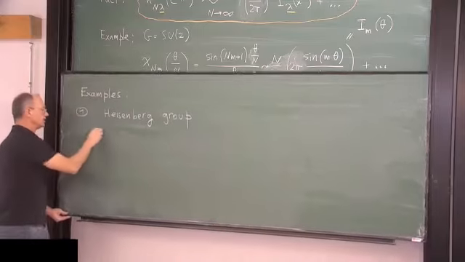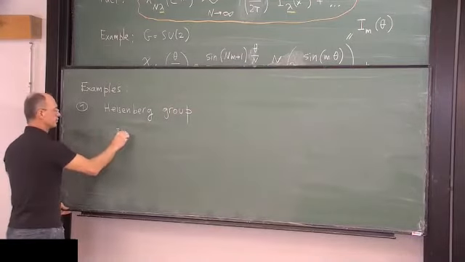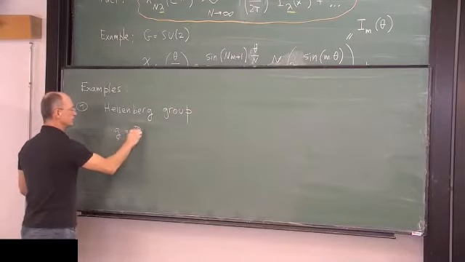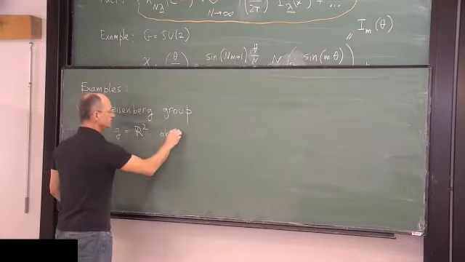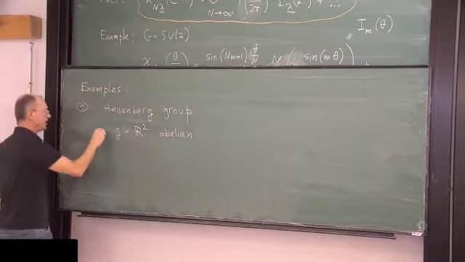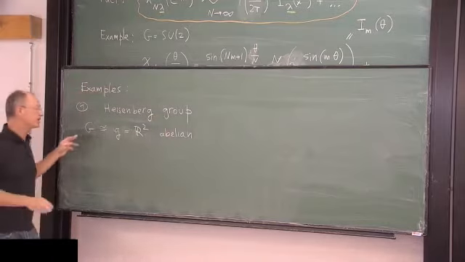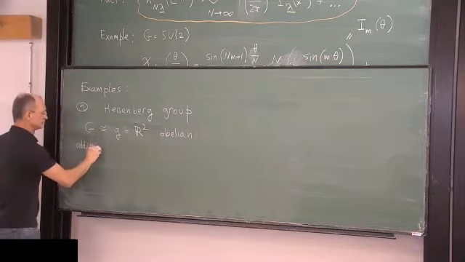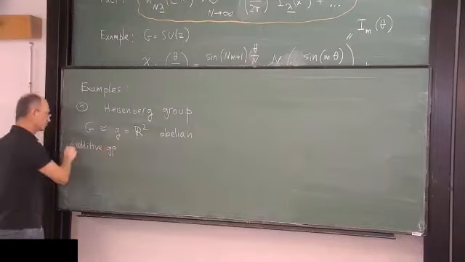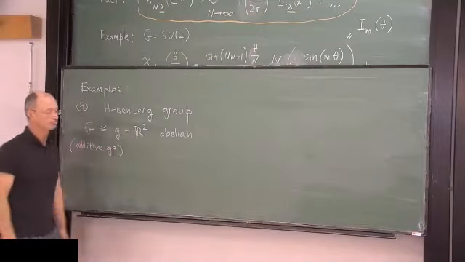And well, here G will be equal to R2, and it's abelian. And actually, this means that I can identify this capital G, viewed as an abelian additive group.